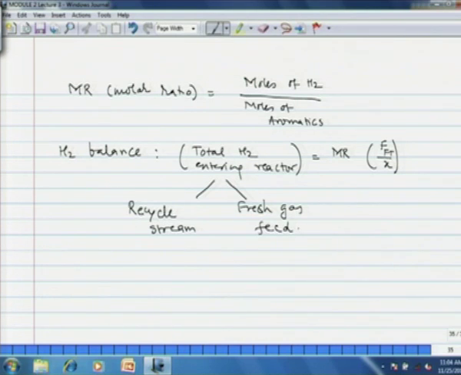Now let the total flow rate of recycle stream be Rg and the mole fraction of hydrogen in that stream be YPH. We have used YPH as a notation for the mole fraction of hydrogen in purge gas.